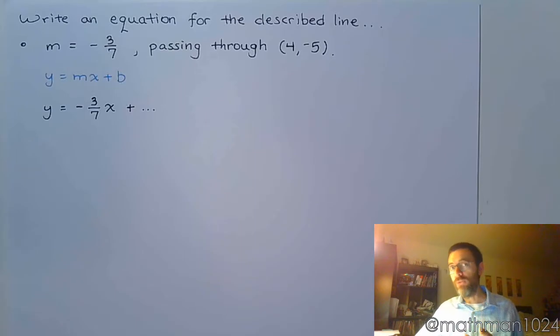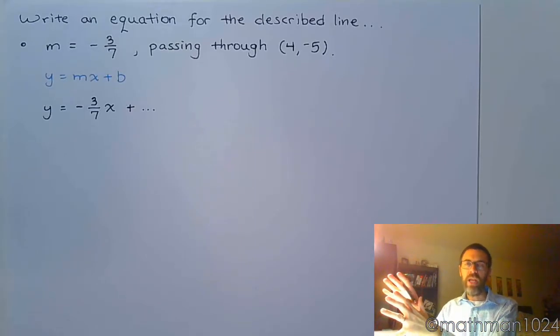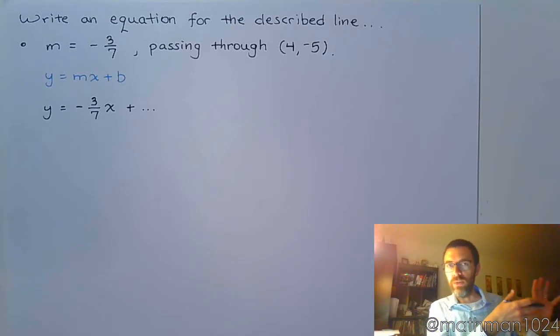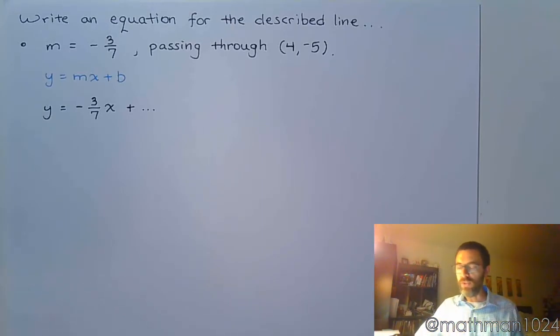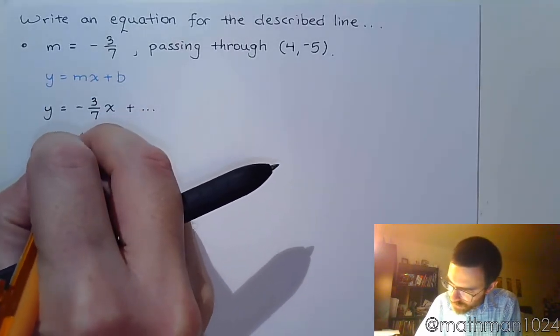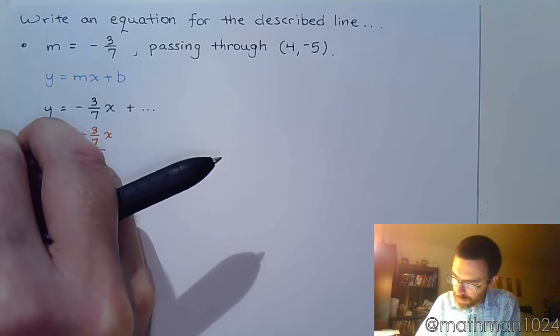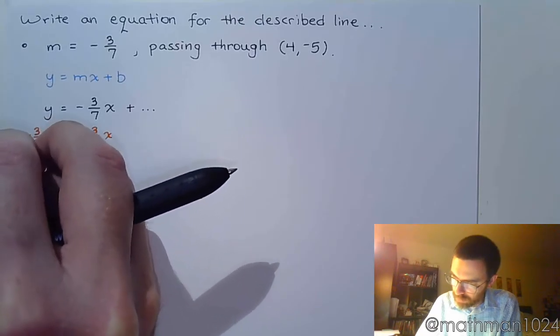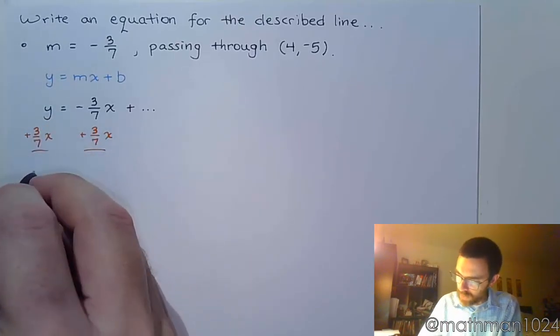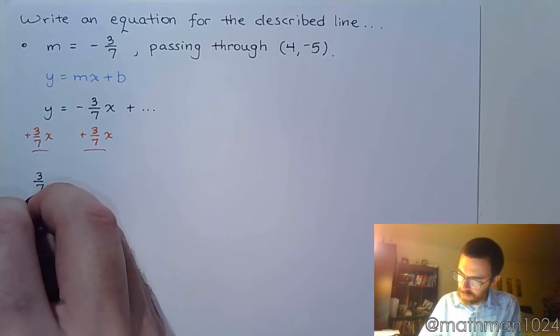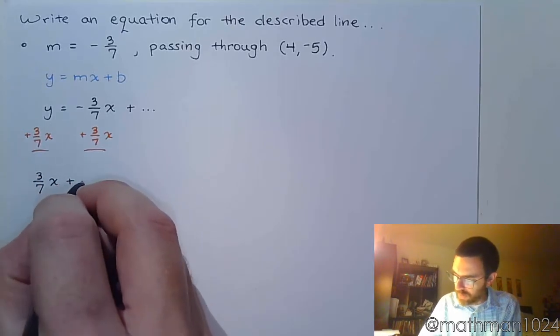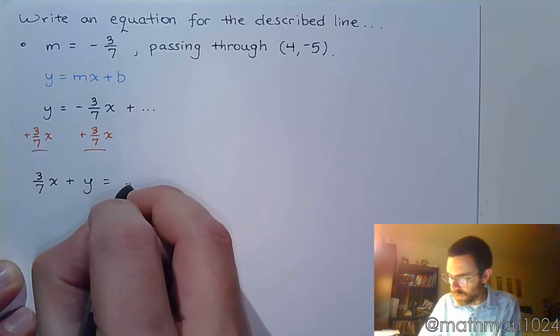Now remember, standard form has both the variable terms on the left side, and then you have the constant term on the right. So the first thing is to move this x term back to the left, where it's supposed to be. So now we have 3/7 x plus y equals some number.